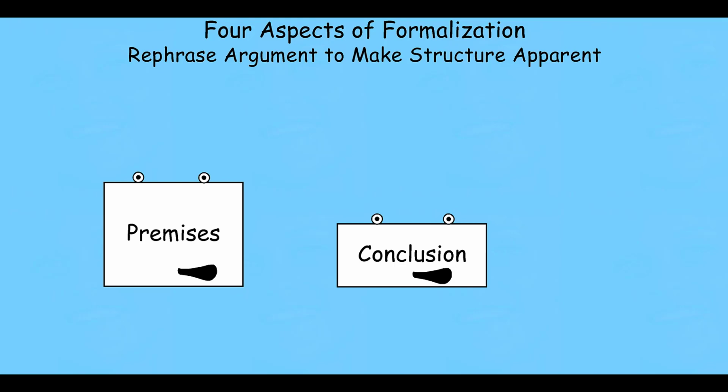We'll want to use the same phrases to refer to the same content elements. So if we have a statement as an antecedent in a conditional, and it's also by itself, the exact same phrasing should be used in each instance of that statement. If we have an argument that's about banks in one premise, then we want to use bank to refer to financial institution consistently throughout.